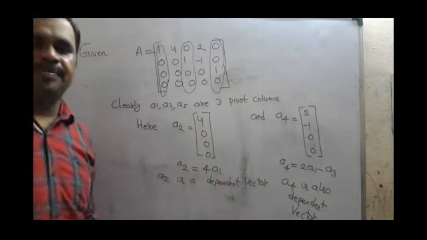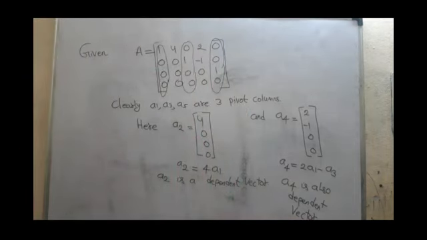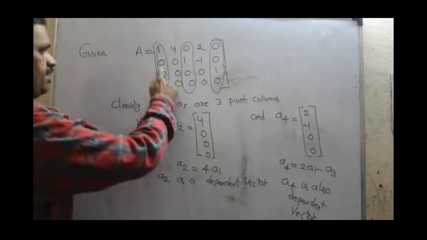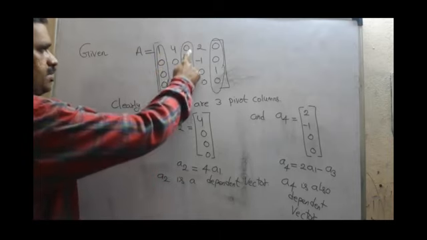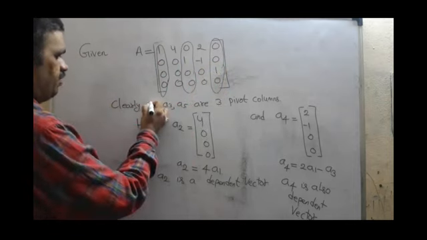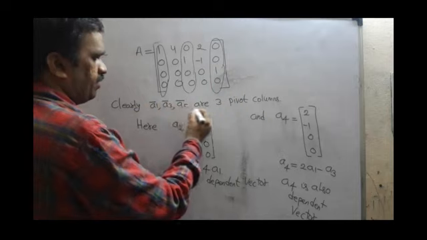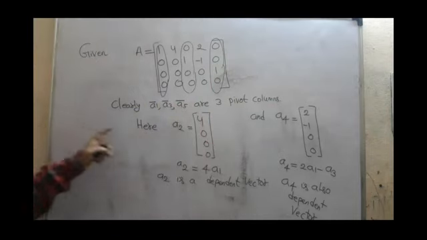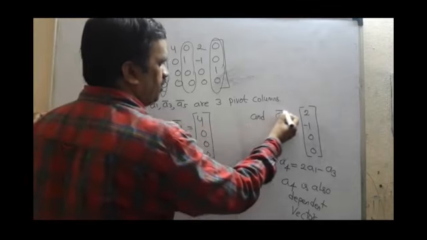By spanning theorem, we can remove the dependent vectors so that the remaining vectors will form a basis or span. So once again, given A, we identified 1 0 0 0 as pivot column, 0 1 0 0 as pivot column, 0 0 1 0 also pivot column. Clearly A1 bar, A3 bar, A5 bar are 3 pivot columns, and 2 more columns are left, A2 bar and A4 bar.